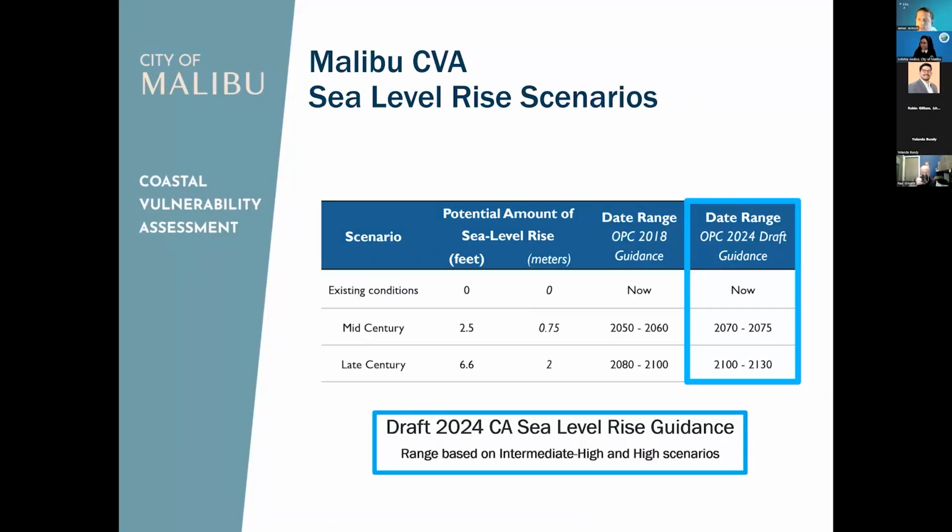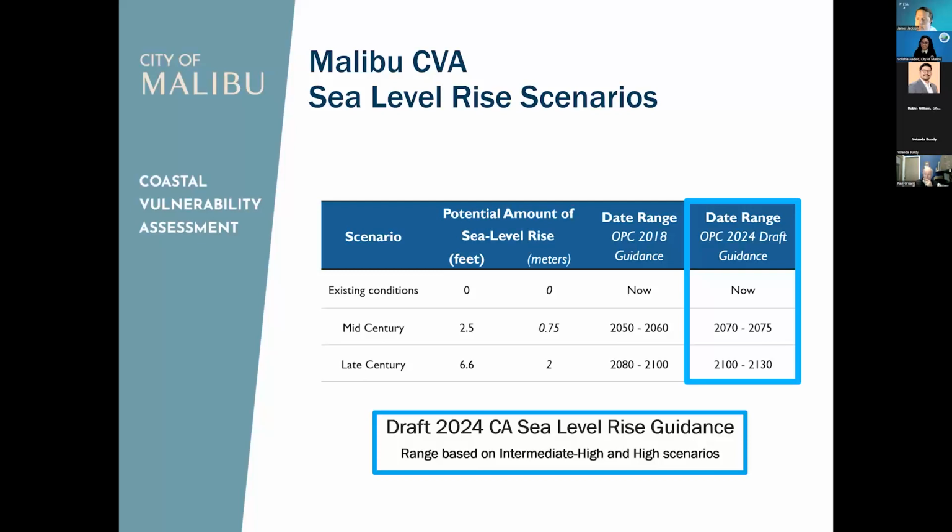Based on the draft updated sea level rise guidance, the sea level rise scenarios that we evaluated for our study have shifted further into the future. The blue column shows the updated timing. 2.5 feet is now projected between 2070 and 2075, while 6.6 feet is projected between 2100 and 2130.